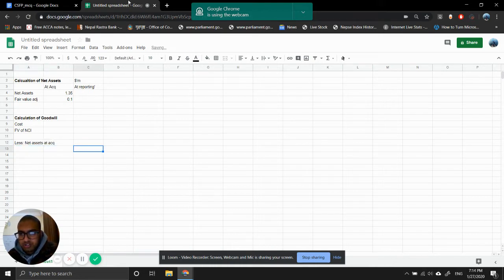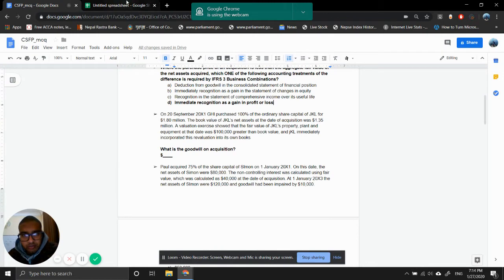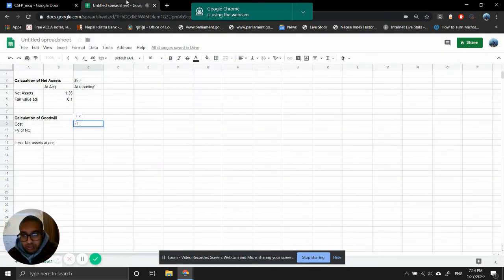Our cost is 1.8, and it's a 100% owned subsidiary, so the NCI value will be 0. Adding this plus this figure, we get 1.8. Then we link the net assets from here and add this figure up, and this will be our total goodwill.